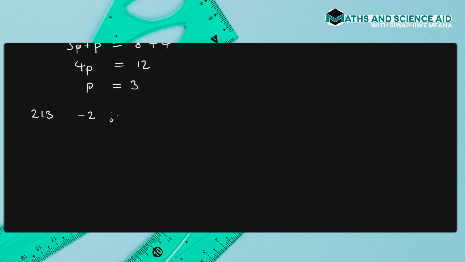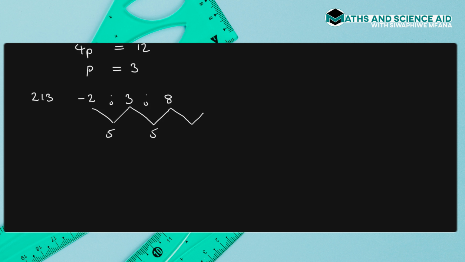And likewise, if you want to go on to work out the fourth term, you can just simply add the common difference to 8. So 8 plus 5 is going to be 13. So the next term is 13 there. And likewise, you can go on to work out the fifth term. So that is going to be given by 13 plus 5, which is going to be equal to 18. So these are some of the terms of this arithmetic sequence.